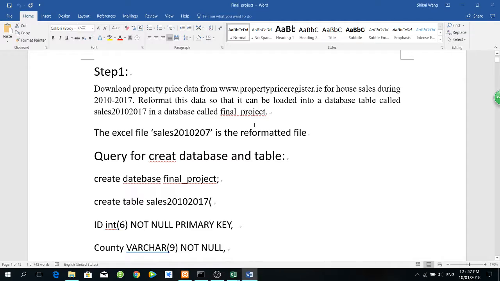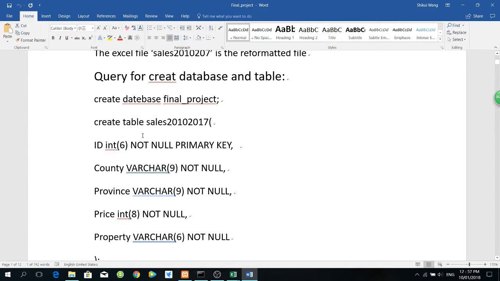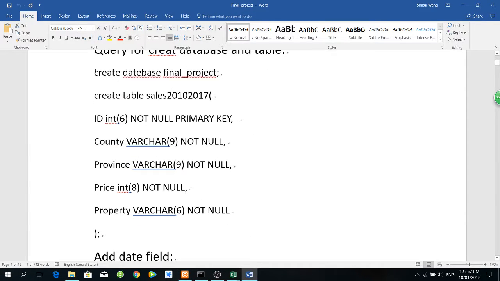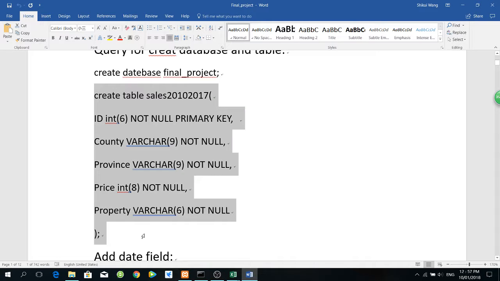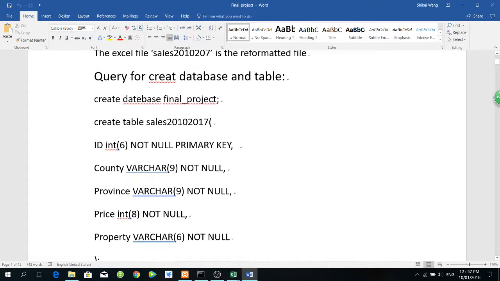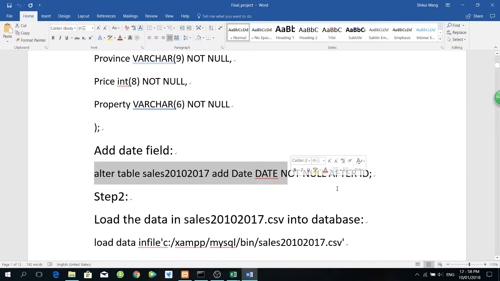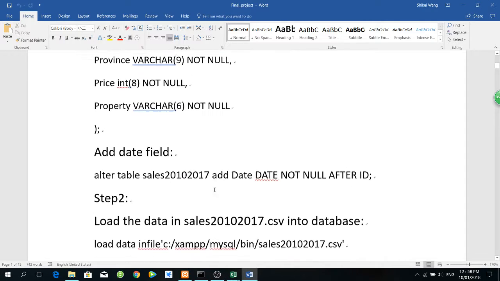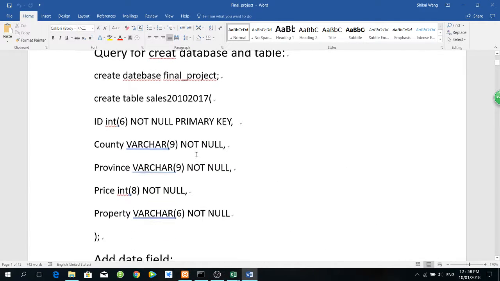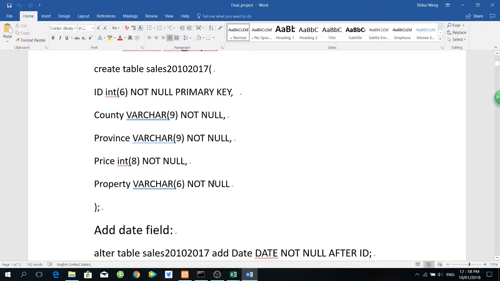And for the second one I need to create a table for this file. So from there to there is a query to create a table, and this one is to put eight data files into the table, because I want to put them together, but I don't know why it doesn't work.